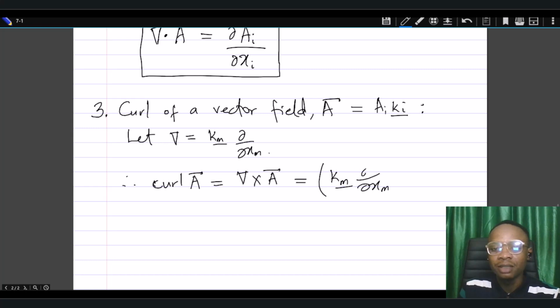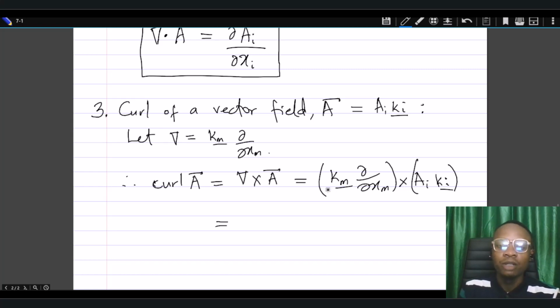So we'll take this Km del xm dot vector A, which is AIKI. And by this, we say that this is equal to, so we bring the scalar portions together and also the vector portions together. Sorry, please, this is not dot, please. That's a mistake. That is cross.